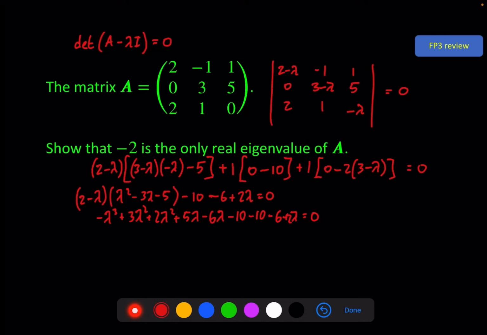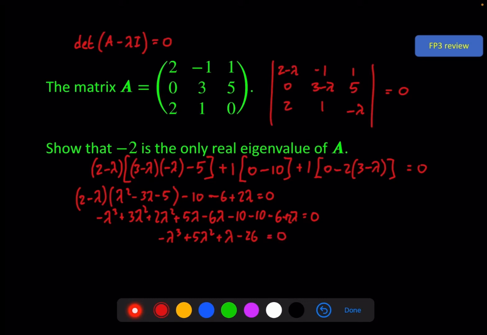Okay, collecting all of this, we've got minus lambda cubed plus 5 lambda squared, and then all together with the 2 lambda at the end as well, we have plus lambda and then minus 26.